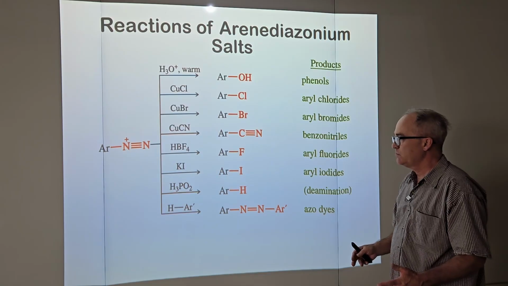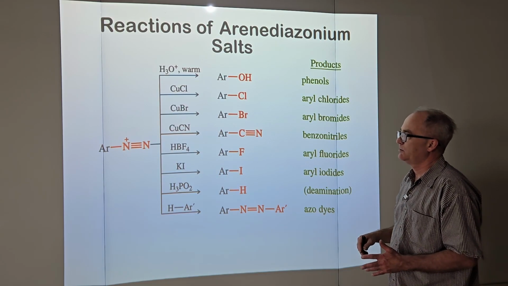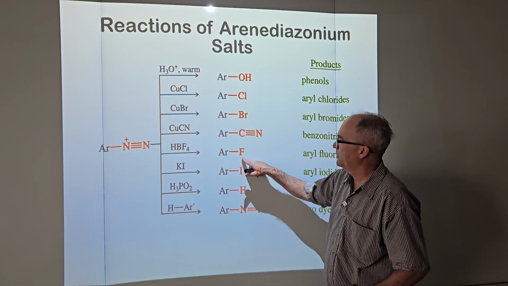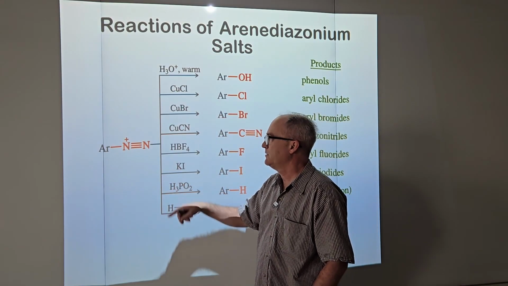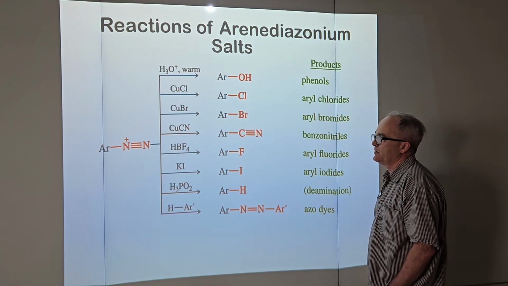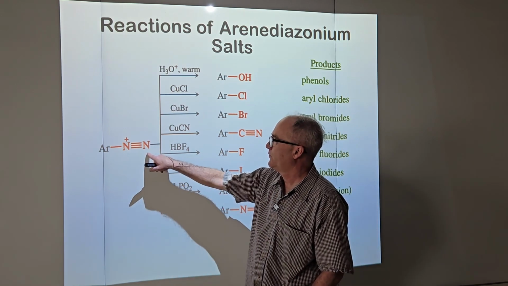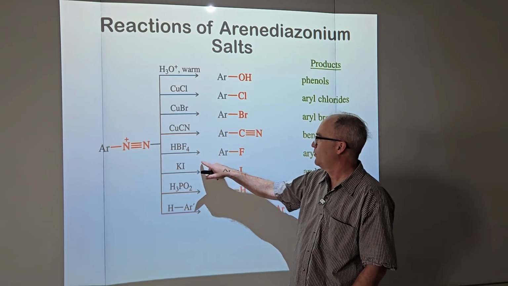And fluorinations, F2 gas is explosive to work with, it's uncontrollable, it's not selective, but this is how you put a fluorine on a benzene ring. Nitrate benzene, hit it with sodium nitrite and HCl, you form your diazonium salt, hit it with HBF4.